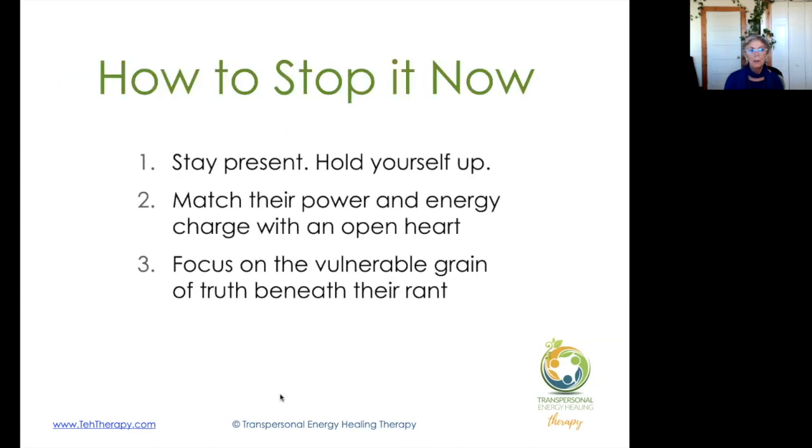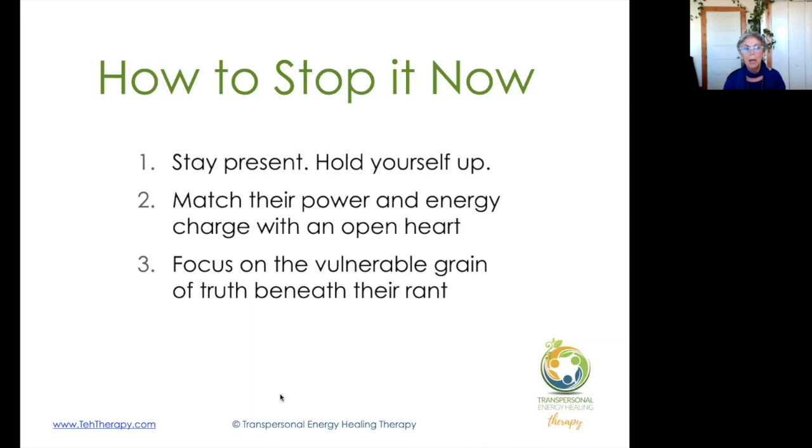So how do we stop this now? We need to be able to stay present when that strong charge shows up in our office. And if you're a leaving pattern yourself, that could be hard for you to do. That could be challenging for you to do. How do I learn how to do that? How do I stay present in my own body and keep myself strong so that I can be a firm, solid presence for this person who really does want and need my help?